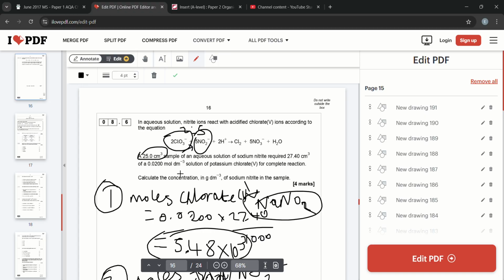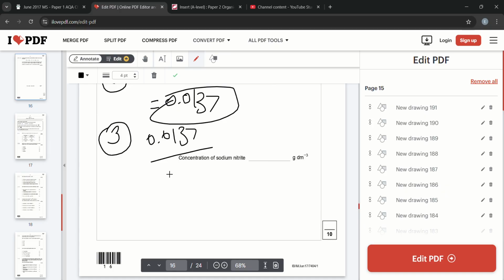But we want it in moles per dm³, so we're going to do 25 times 10 to the power minus 3, aka divided by 1000. That will give me 0.548.